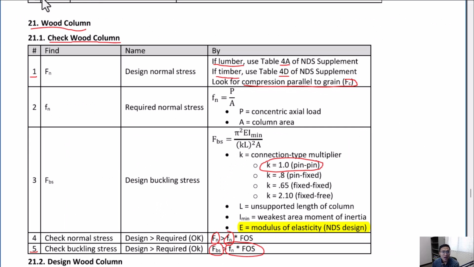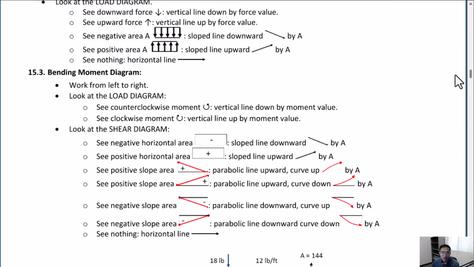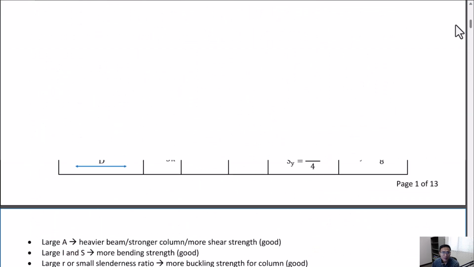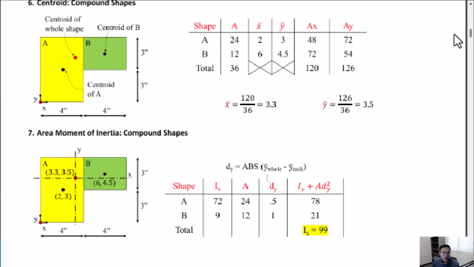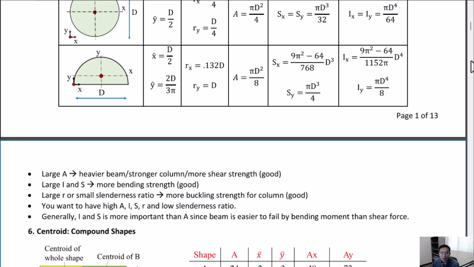If you forget that, you can always go back to my formula, and if you go all the way up, you can see I put a note here: a small slenderness ratio means more buckling strength for a column. So remember, small slenderness is good.